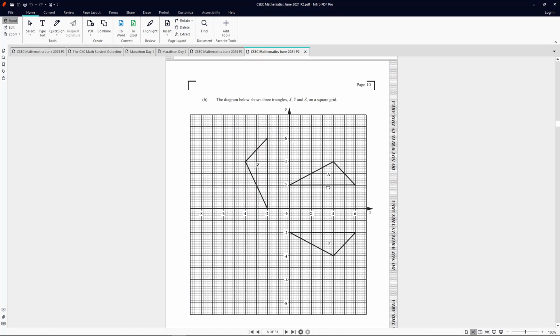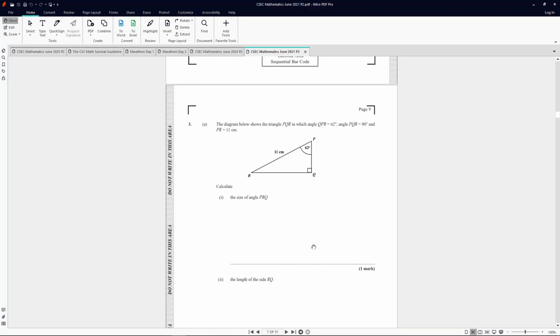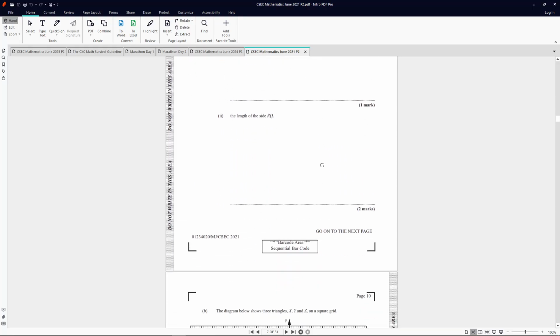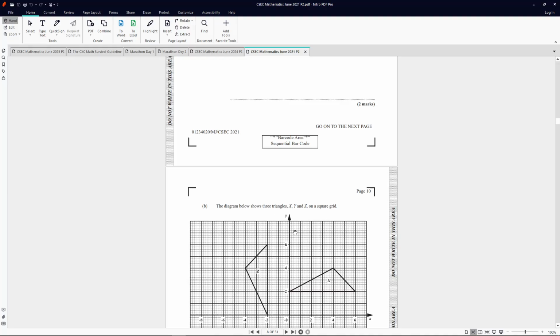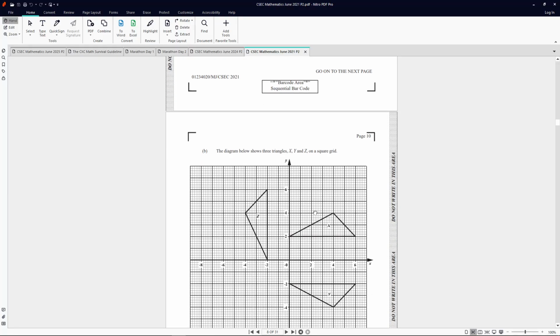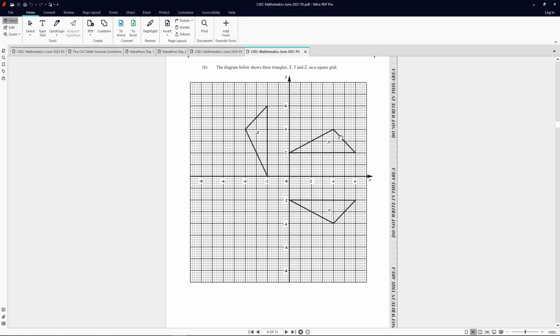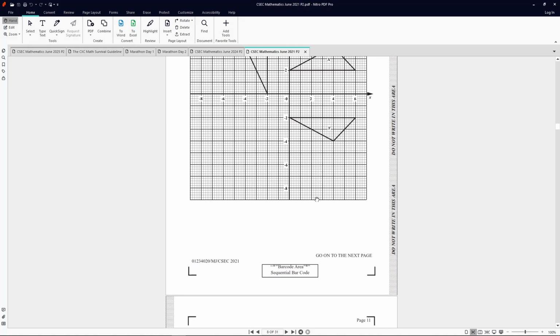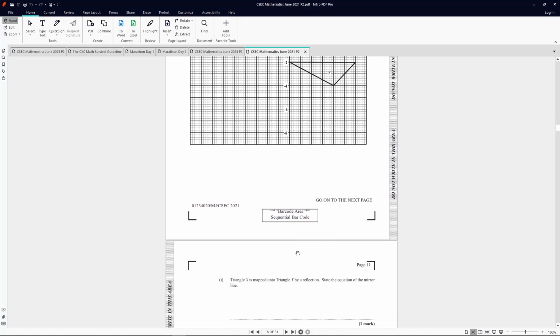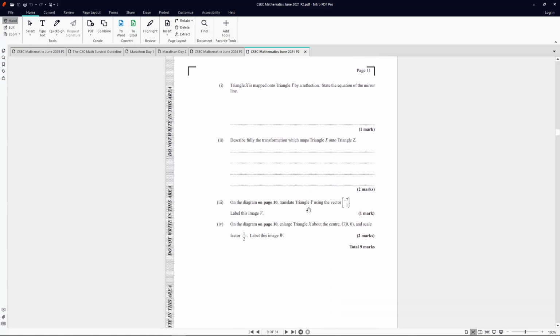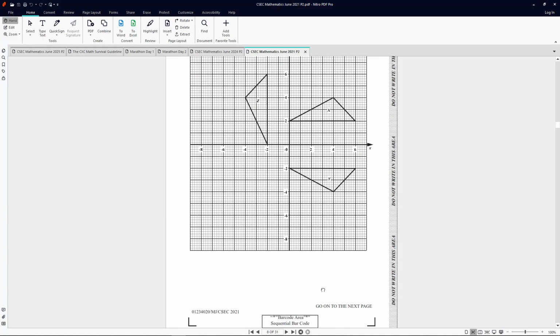So whenever you see transformation in question 3, it will be the simple ones, where it just asks you to identify what transformation took place. They would ask you to give them the translation vector and so on and so forth. So these ones are pretty simple.